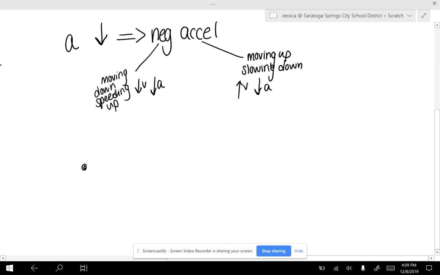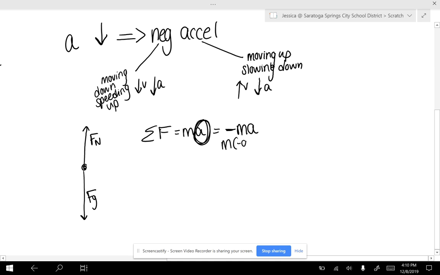Our free body diagram looks exactly the same. Only two forces, Fg and Fn. And our net force equation is going to look like this. One thing to pay attention to is that we need to plug this acceleration in as a negative. So this is really going to look like negative ma, or I should have written it as mass times a negative a.